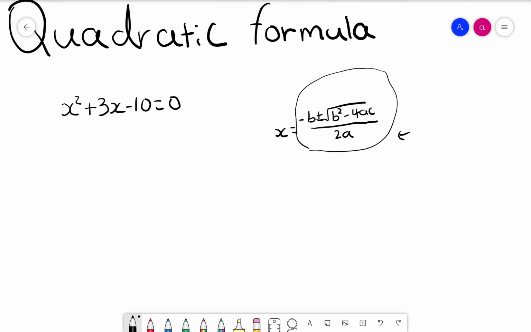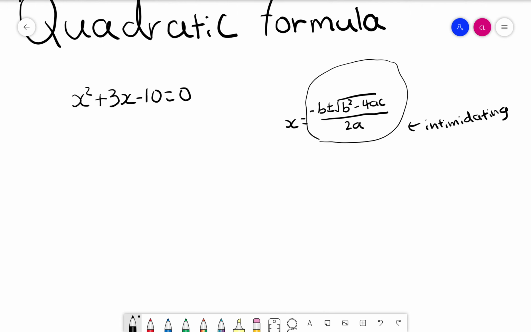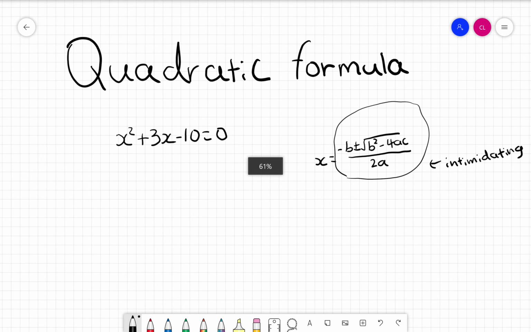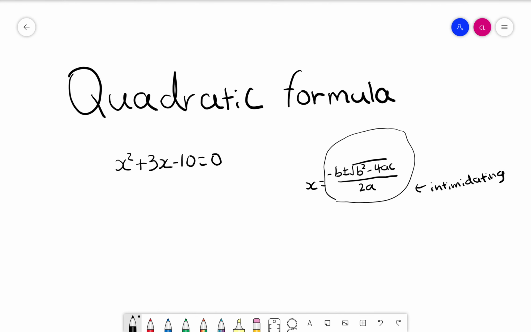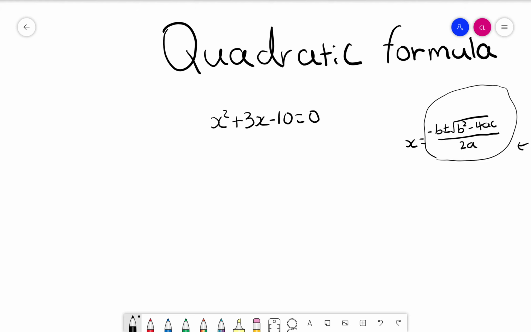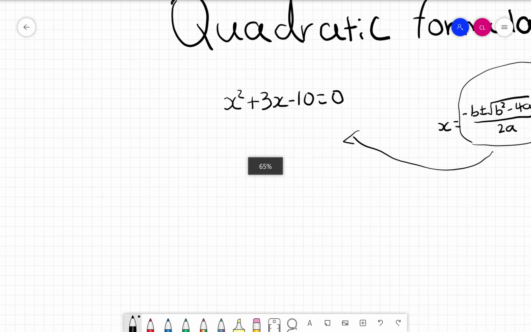This looks intimidating. Except it's really not. Just look up on YouTube some quadratic formula song, and there's some very good ones that help you remember.